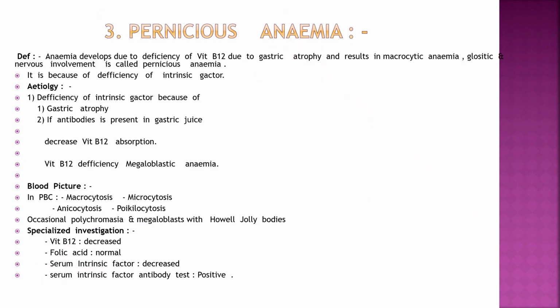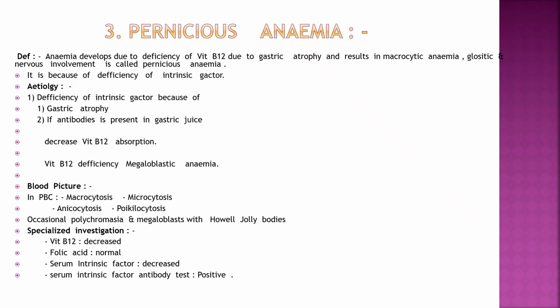Pernicious anemia is anemia because of deficiency of vitamin B12. Intake of vitamin B12 is normal but absorption is less because of gastric atrophy or gastritis, which results in macrocytic anemia, that is increased RBC size, and glossitis, that is inflammation of the tongue, and nervous involvement. It is because of deficiency of intrinsic factor, which is secreted by the stomach cells.